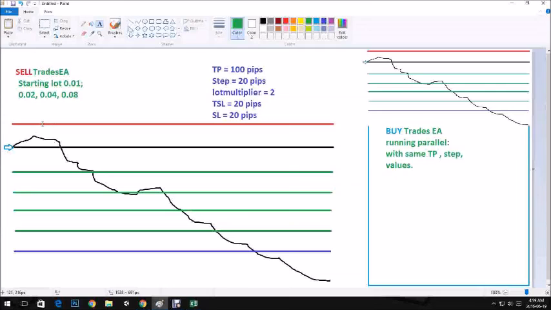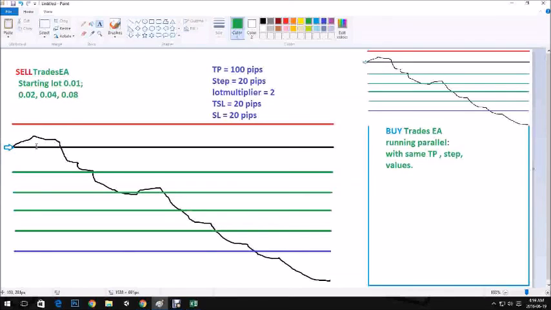If the market goes another 20 pips up, it will hit SL once again, and it will open one more sell trade after every 20 pips the market goes against us. Okay, so that's how this EA works.